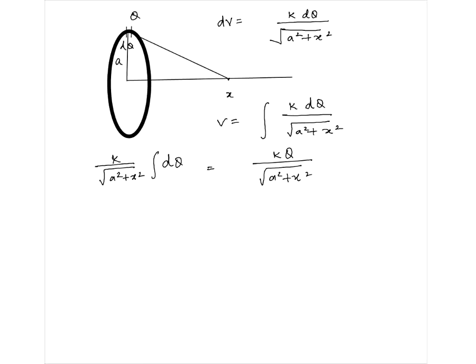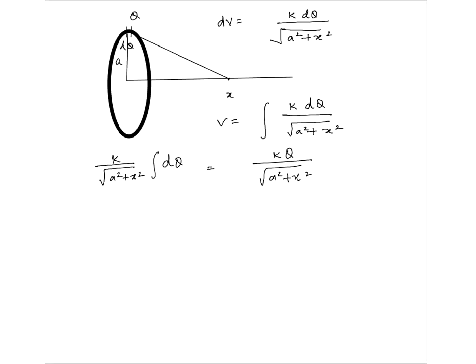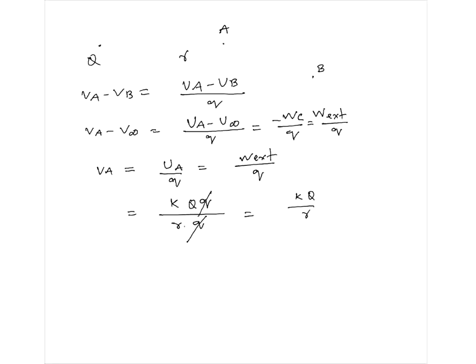Just a word of caution. I have seen students using the formulae for point charge for arbitrary shapes. For example, the formula KQ by R is for a point charge, potential due to a point charge.